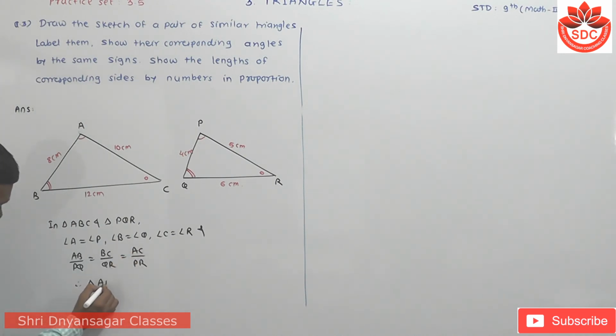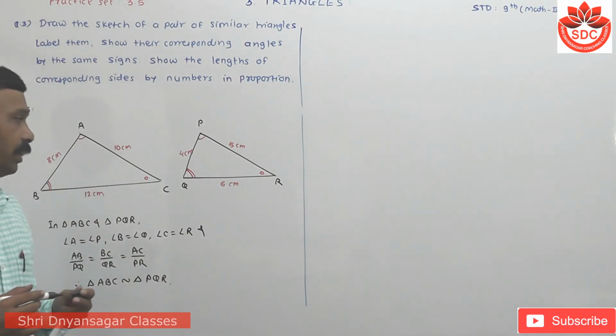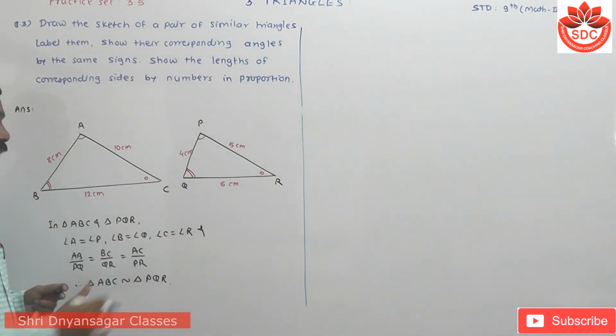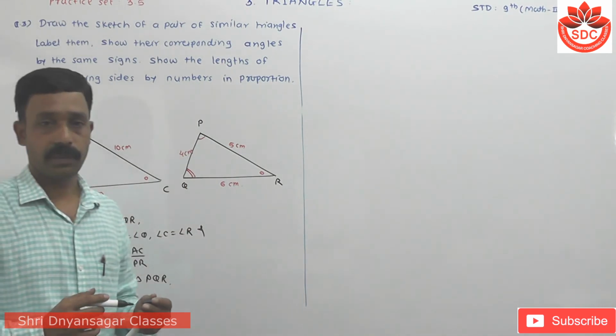Therefore, these two triangles, triangle ABC is similar to triangle PQR. Can you understand this? Okay. We have to draw only this figure for this question. Thank you.